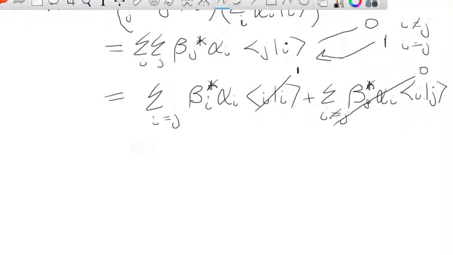So what that means now is we can write it as the summation over i of beta i star alpha i. So that's the inner product. This is what we've just worked out, the inner product between these two kets, these two quantum states.